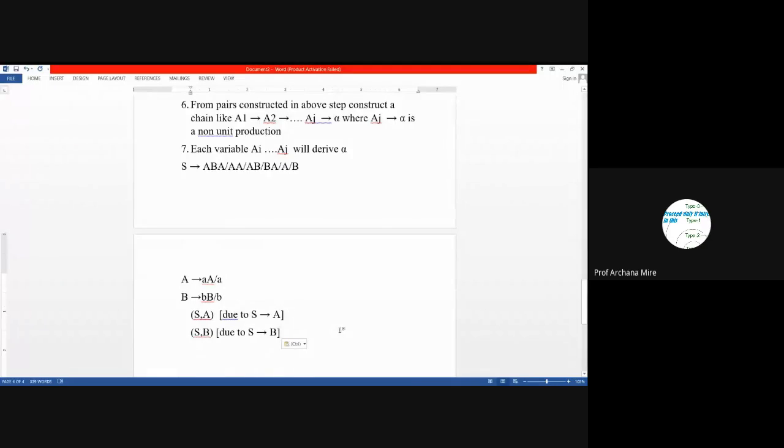So what we are doing is breaking this chain of unit production. How to break this? Simply we will replace the production rule S leading to A by the productions of this non-terminal A itself.